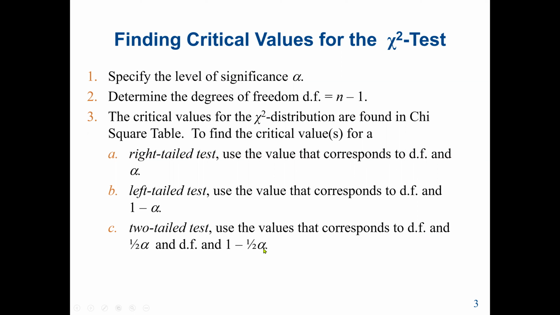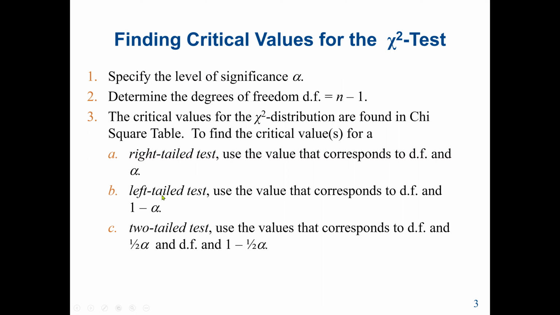The reason why it's half alpha, we can remember, is the same concept we used in our previous lectures for the proportion two-tail test, or for the population mean two-tail test. We have the left side and the right side. So if alpha is given, we divide alpha by 2, half for the left side, half for the right side. So with the right tail, we use the degree of freedom and the alpha value.